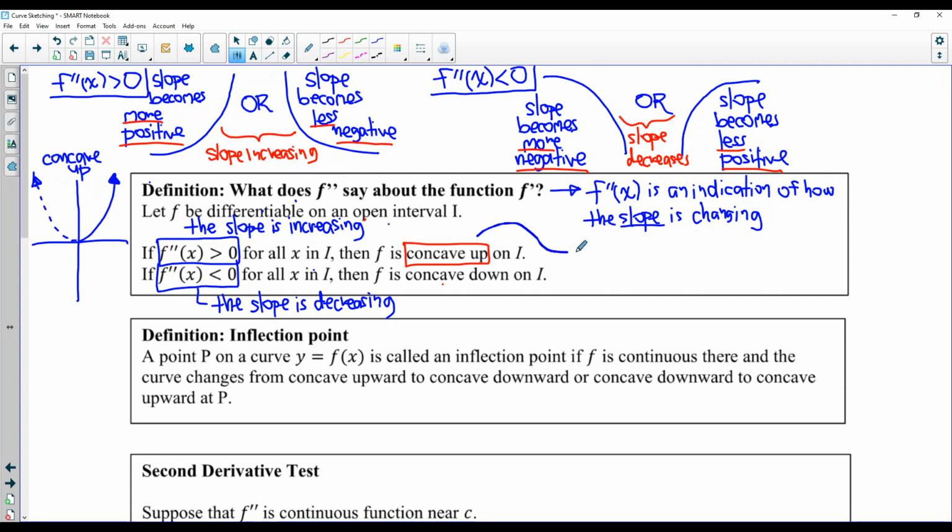Concave up, I don't know. This is the way I was reading somebody else describe it: a concave up graph is kind of like the graph is smiling. So we'll say it's like smiling. Okay, so it's got this shape to it right here.